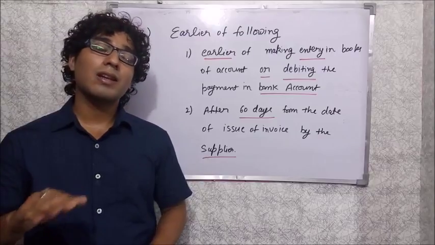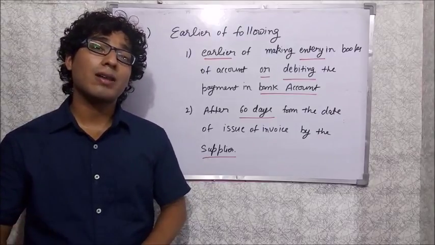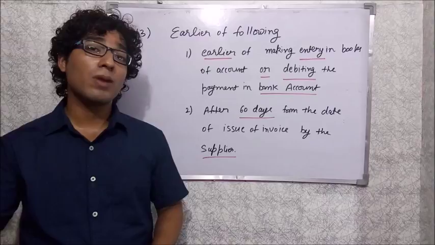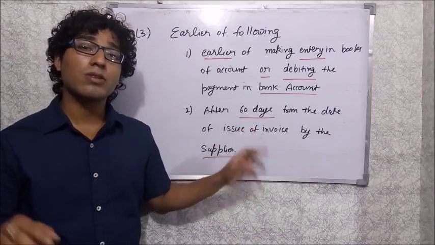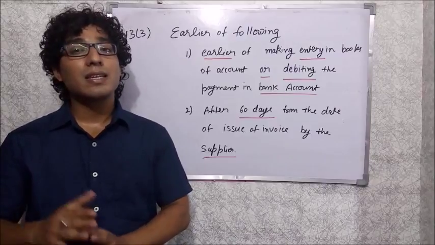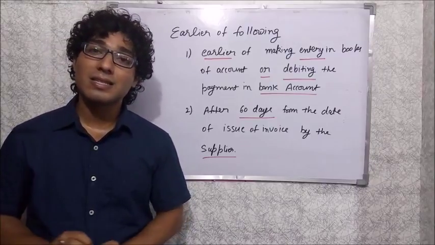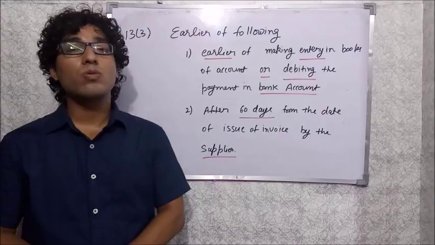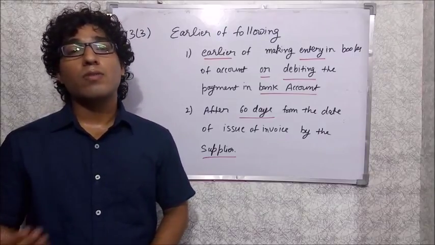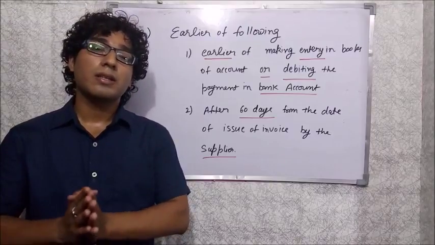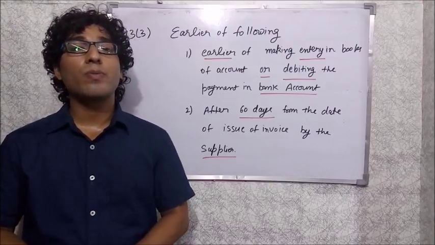In case of goods under the reverse charge mechanism, the second event was 30 days, but in case of a service the period is 60 days. So you have to consider the 60 days from the date of issue of invoice by the supplier in case you are the recipient of service under the GST and you are required to pay tax under the reverse charge mechanism.